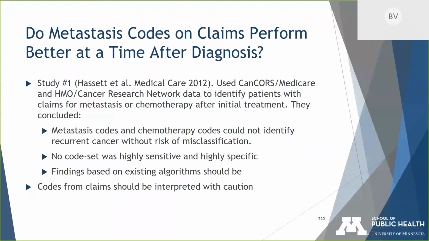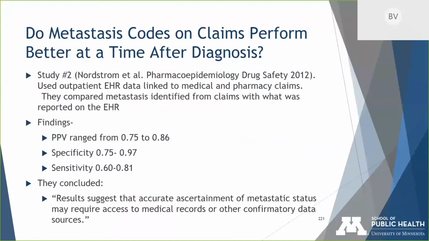Their findings were not great. They found that no code set that they tried to use was highly sensitive and highly specific. So their conclusion was that codes from claims should be interpreted with caution. Another study did something similar using outpatient electronic health record data linked to medical and pharmacy claims.